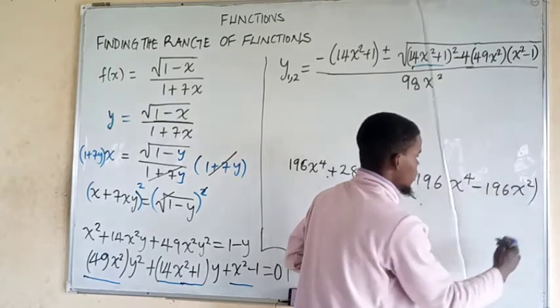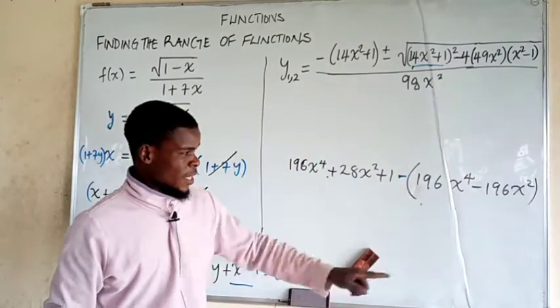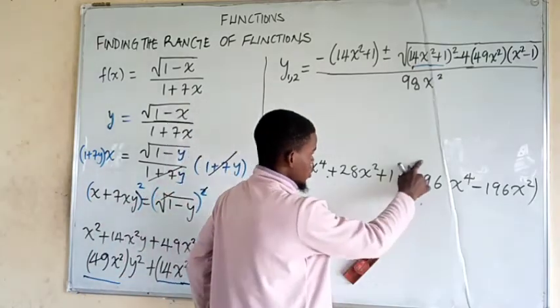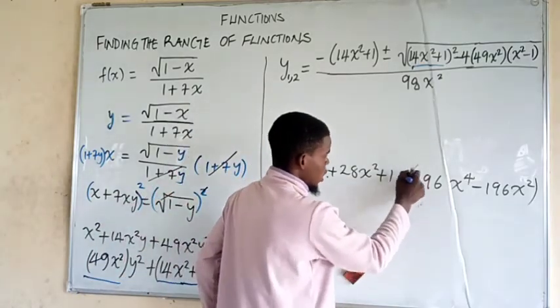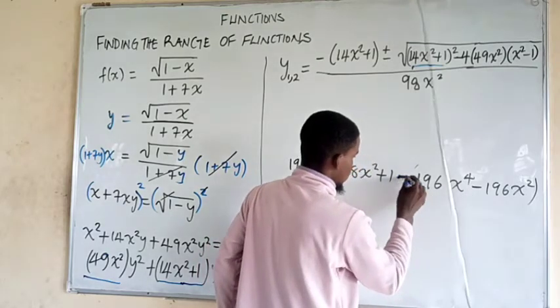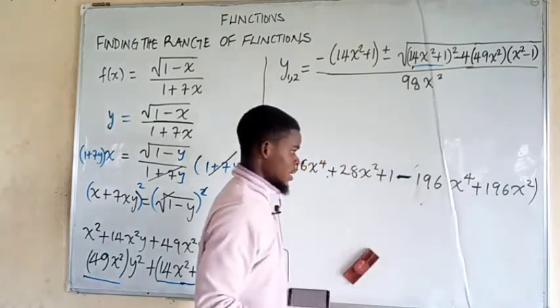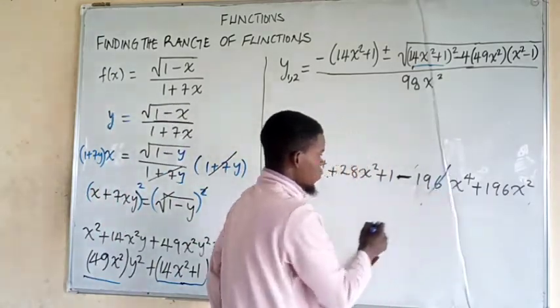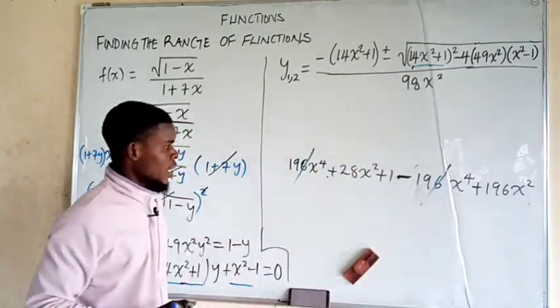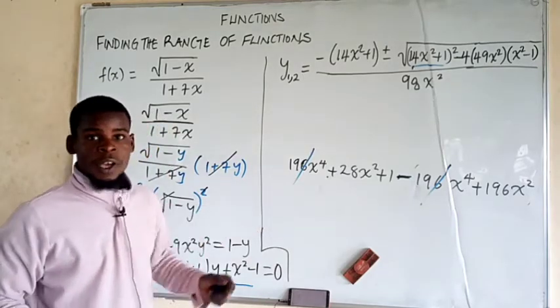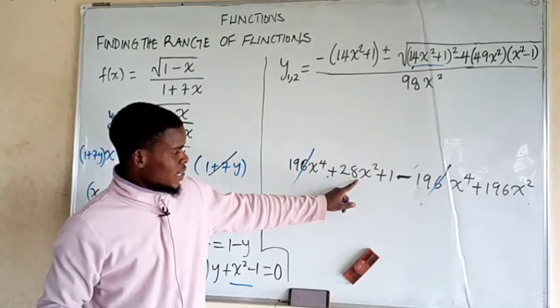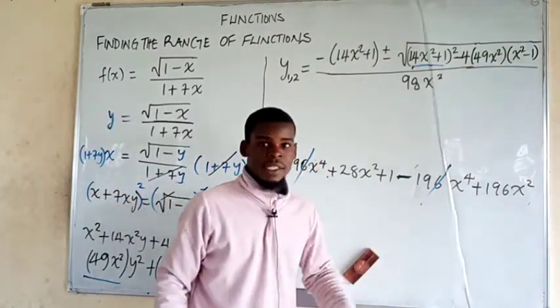Great. So we're going to expand this. We're going to remove this bracket that is multiplied through by the negative sign in front. So this gives us negative 196x to the 4th power plus 196x squared. Good. And then you see that negative 196x to the 4th power will cancel out with the positive 196x to the 4th power. And we are now going to add 28x squared with 196x squared.